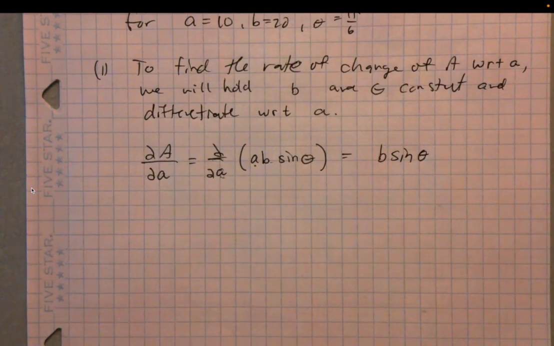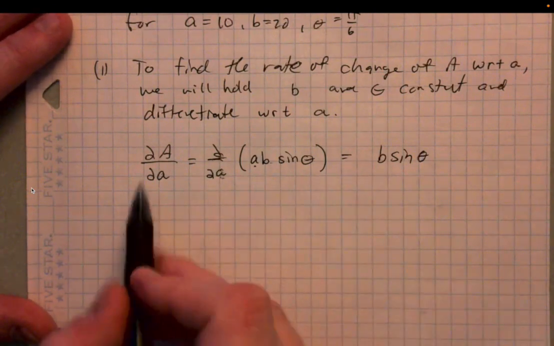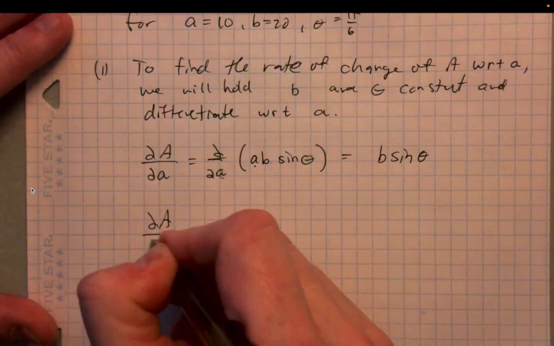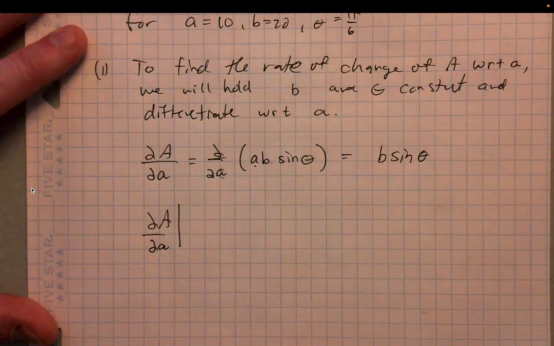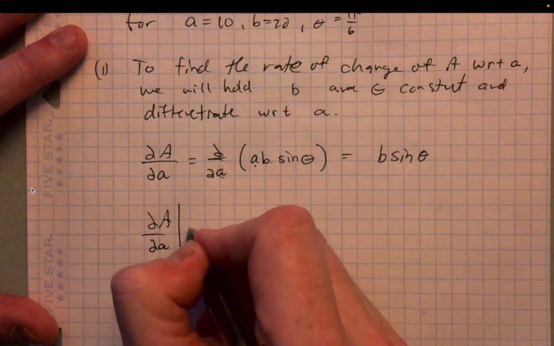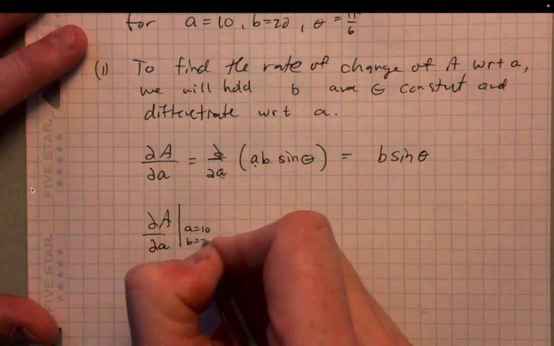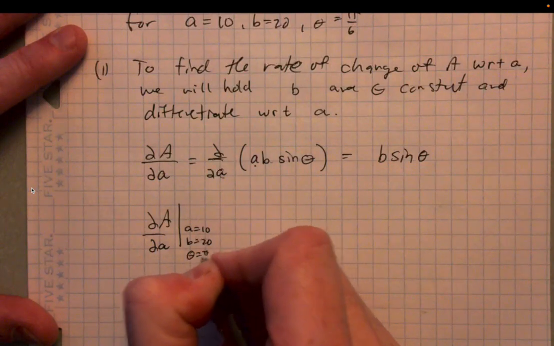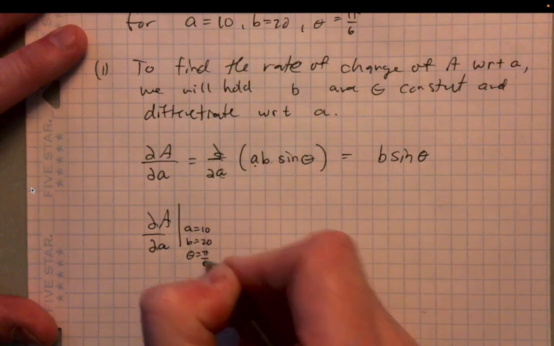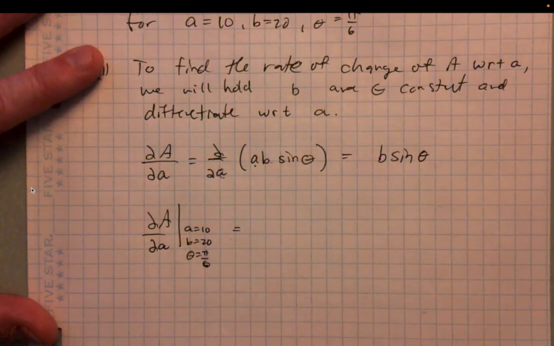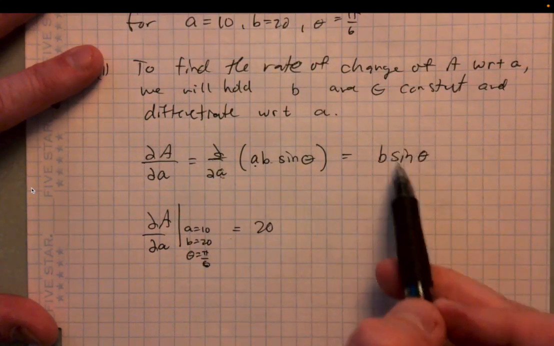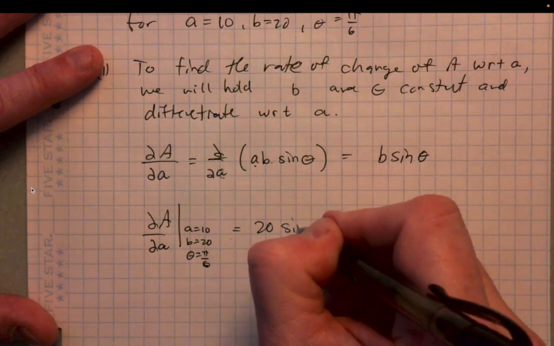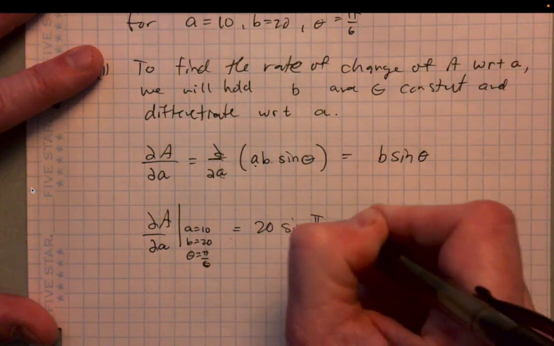Okay. So b sine theta, and then we have to evaluate this at A equals 10, b equals 20, theta equals pi over 6. And so that would just be 20 times sine of pi over 6.